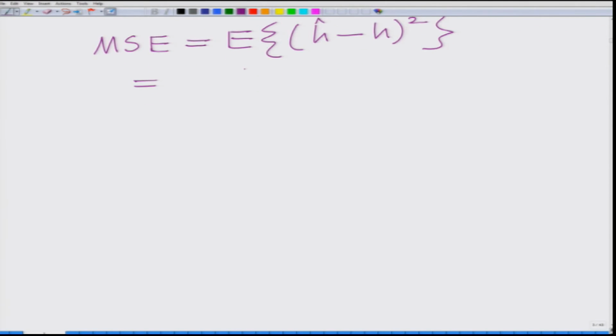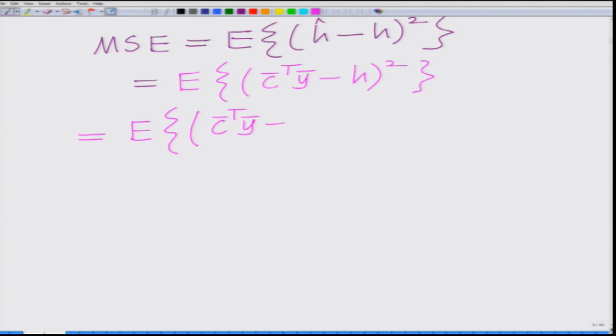For H hat I am going to substitute C bar transpose y bar, so this equals the expected value of C bar transpose y bar minus H times C bar transpose y bar minus H. Realize that these both are scalar quantities.